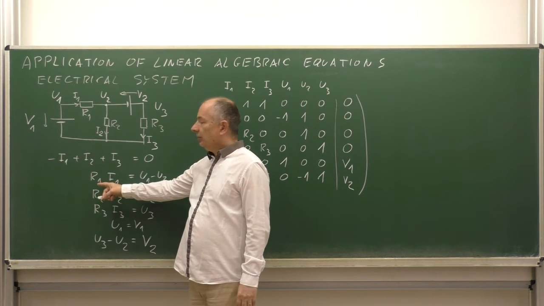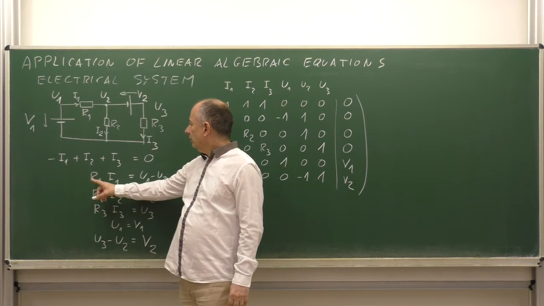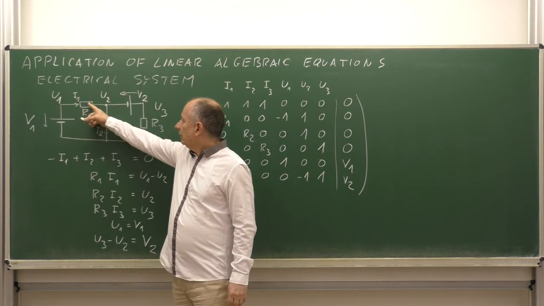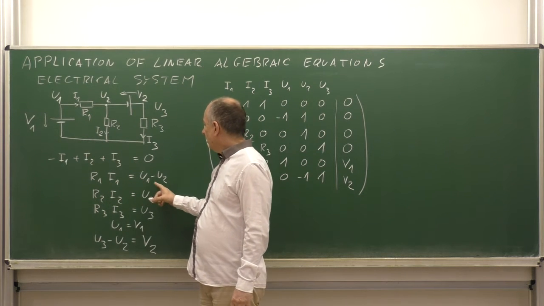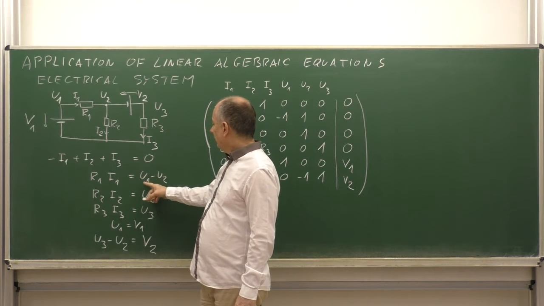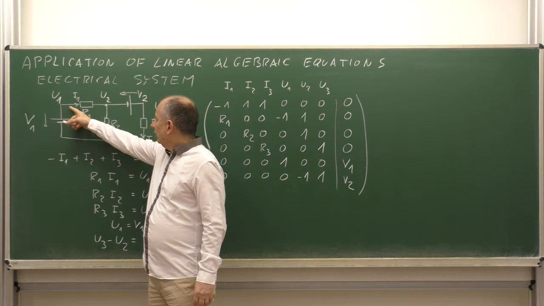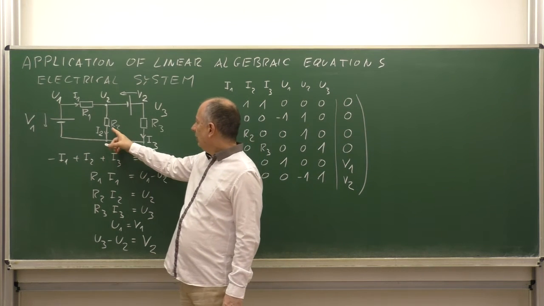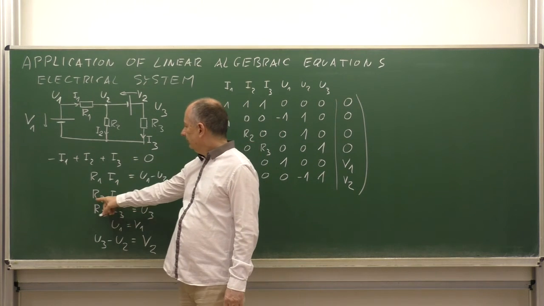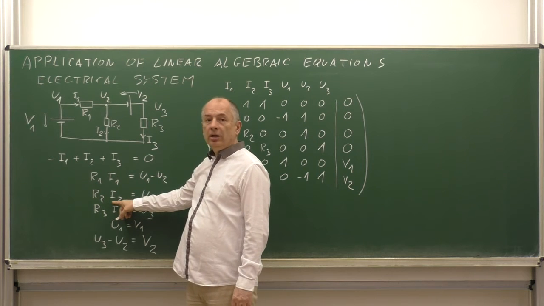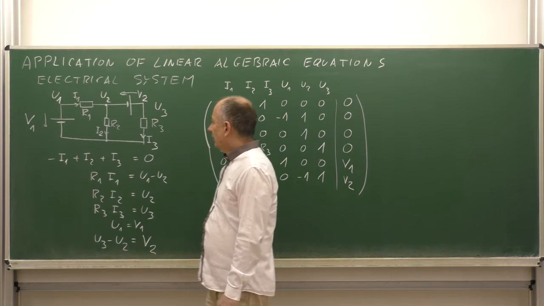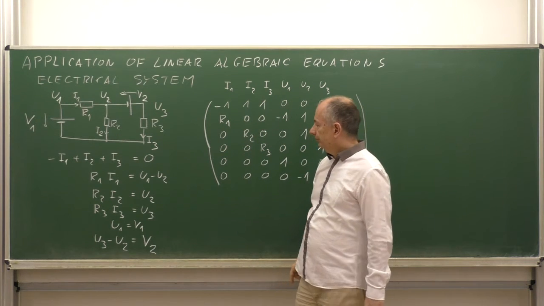Well, and then using Ohm's law, we know that the product of the resistance R1 times the current is the change of the voltage, the drop of the voltage U1 minus U2. And similarly for the second resistor, the resistance R2 times the current I2 is the voltage at this resistor, namely U2.